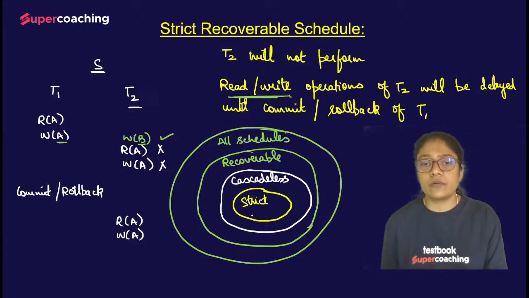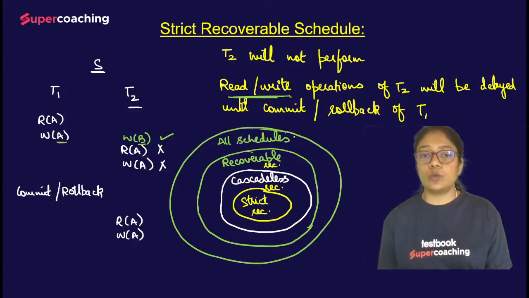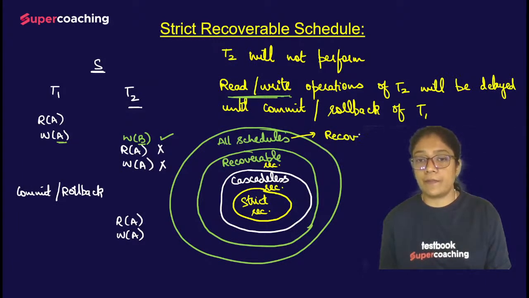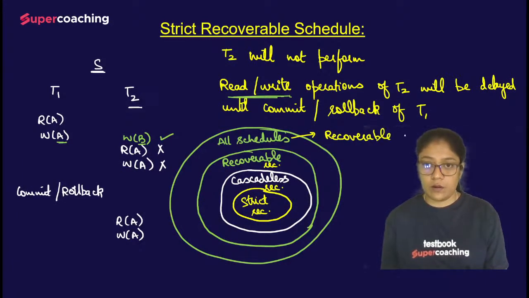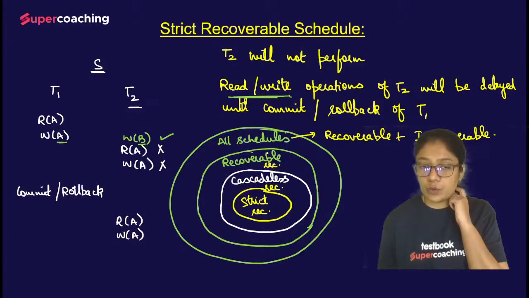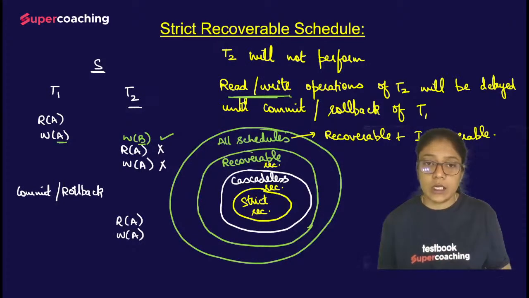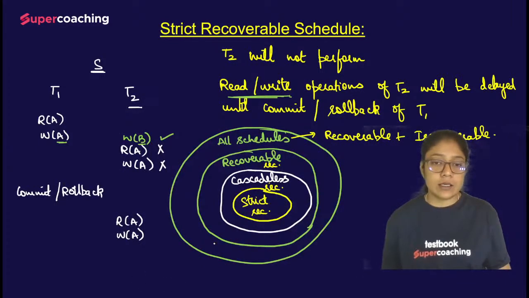So on the basis of this, we have got our options. So there are recoverable and irrecoverable schedules, out of which some you took as recoverable, then cascadeless recoverable and strict recoverable.